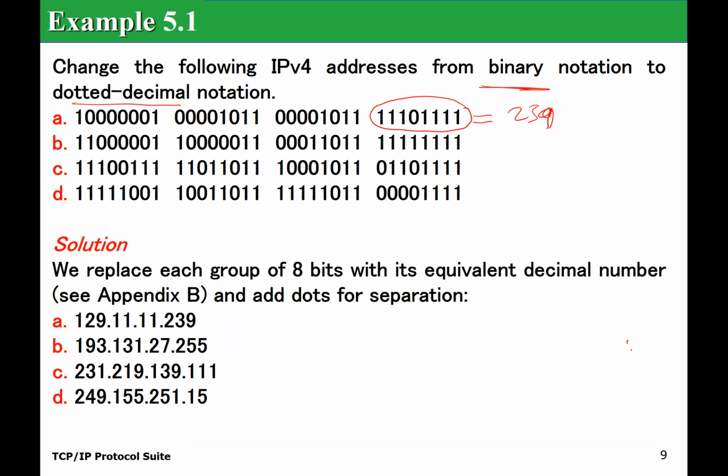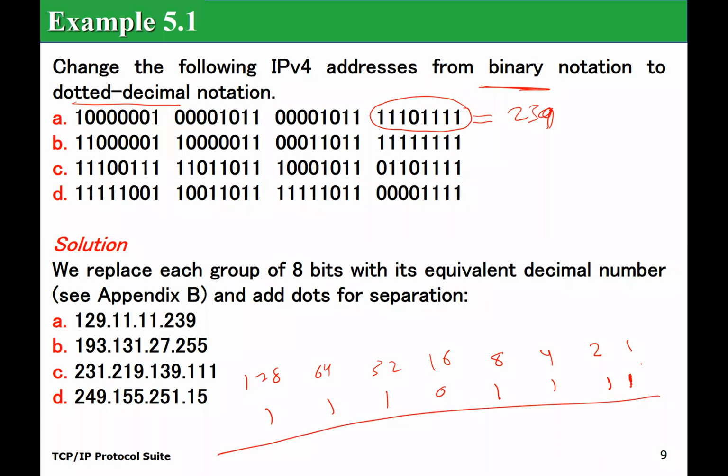Simply again, 1, 2, 4, 8, 16, 32, 64, 128. Then which ones have 1? So this one and 1, 1, 1, then 0, 1, 1, 1. So what are the numbers you want to add together? So you add 1 plus 2 plus 4 plus 8 plus 32 plus 64 plus 128.